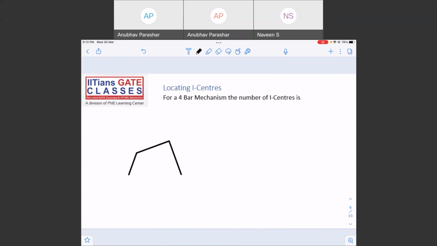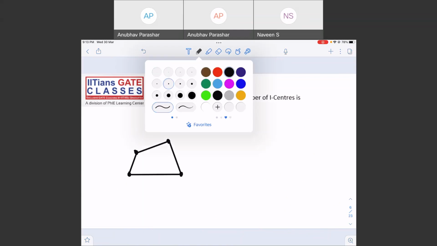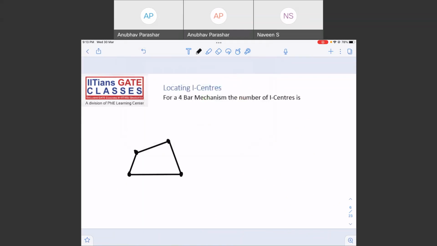All of you now know what a 4-bar mechanism is. Let me say this is a 4-bar mechanism. This is link 1, this is link 2, this is link 3, and this is link 4. Basically this is a kinematic chain. Only once you fix one of the links will it become a 4-bar mechanism.